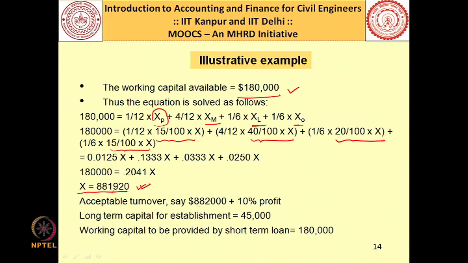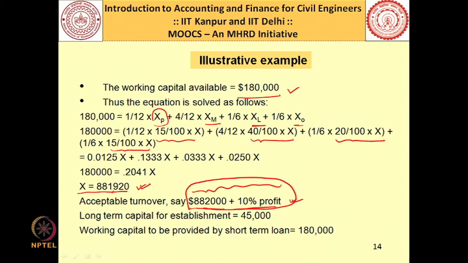You can round it off to 882,000 and you can add 10% profit on that, right. So, as long as you are able to achieve a turnover of this much, your working capital of 180,000 plus 45,000 of long term capital is justified.